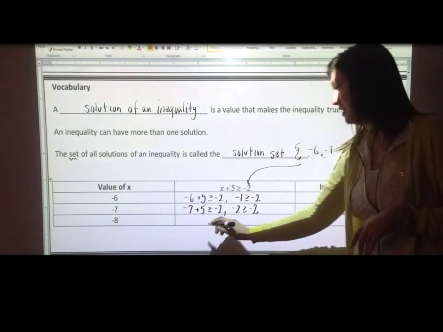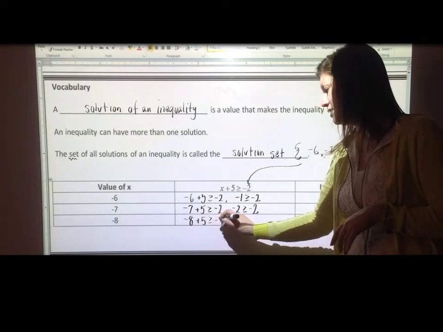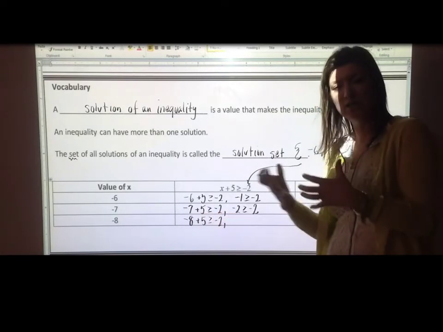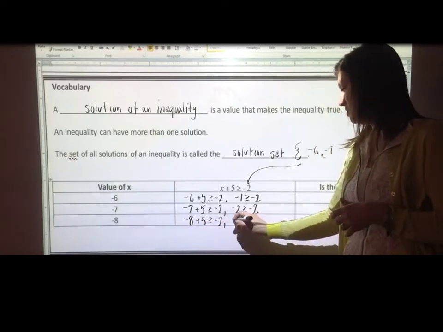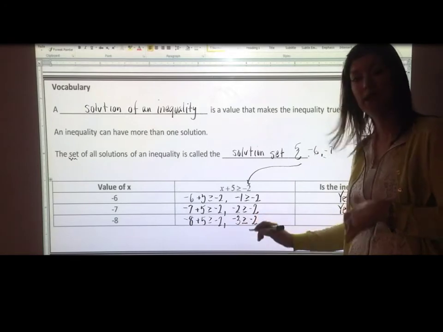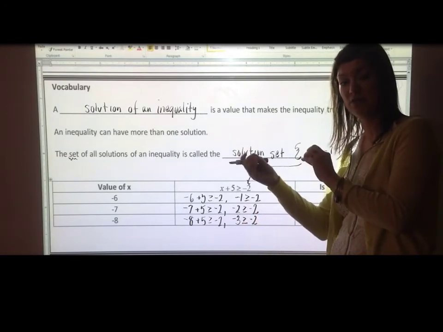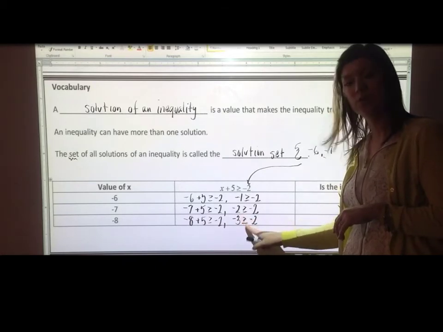Let's try negative 8. So negative 8 plus 5 is greater than or equal to negative 2. And some of you can see where it's going here. Negative 8 plus 5, we have to simplify the left, turns out to be negative 3 is greater than or equal to negative 2. And we have to check that statement since the left and the right are simplified. Is negative 3 greater than or equal to negative 2?